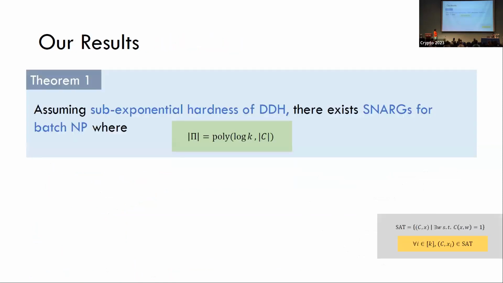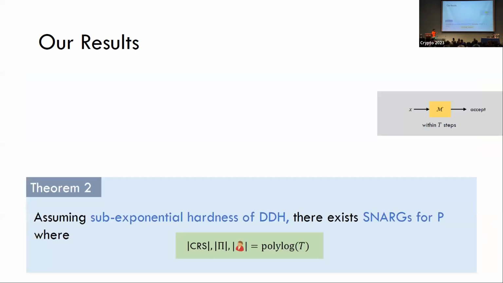In particular, our theorem is that assuming the hardness of sub-exponential DDH, there exist SNARGs for batch NP, where the proof size grows logarithmically with the number of instances, k, and polynomially with the size of the circuit. Then we show the usefulness of this constructed tool by constructing SNARGs for all deterministic computation under the same assumptions.